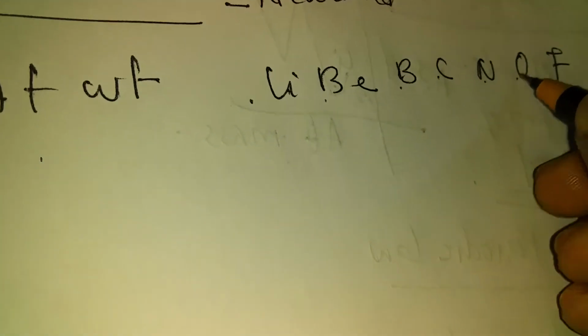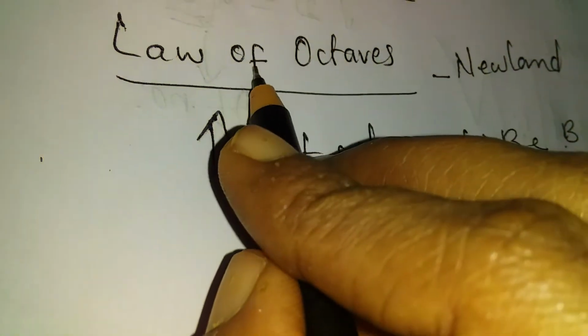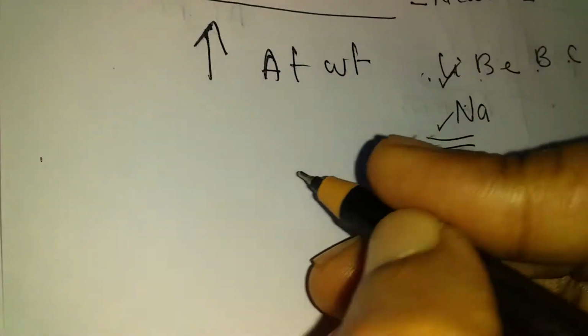So 1, 2, 3, 4, 5, 6, 7. And he found that the properties of every 8th element, so the 8th element, sodium, comes under the first element, resemble the properties of the first element, just like the octaves of music. This is known as Newlands' law of octaves. So that's all about the law of octaves.